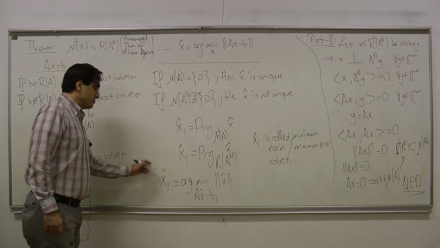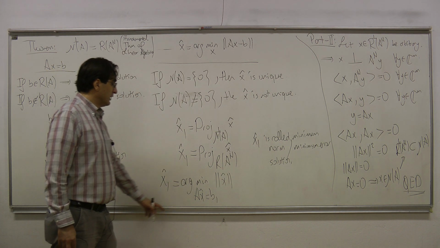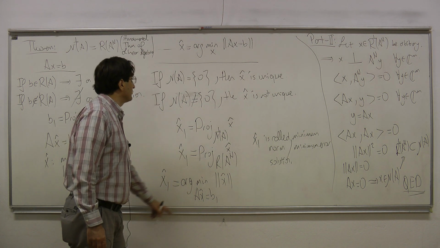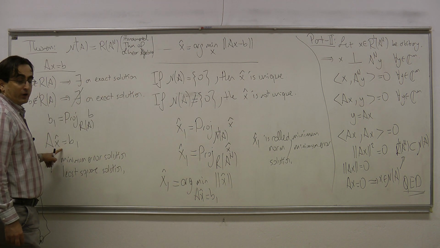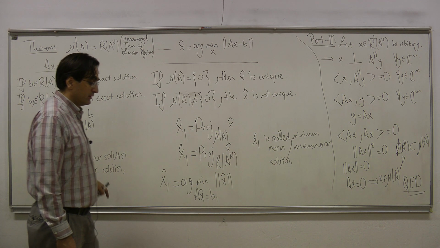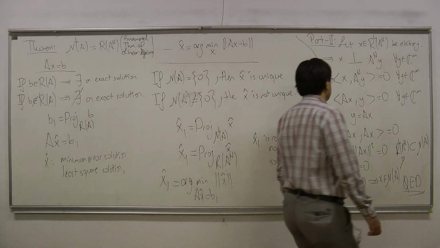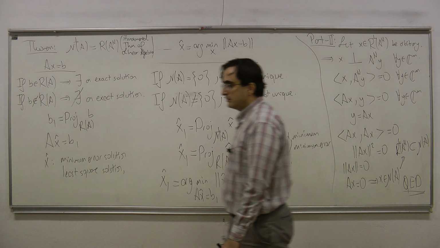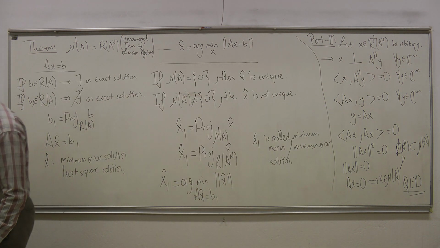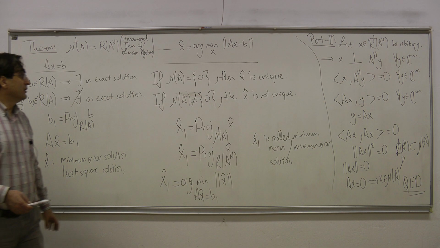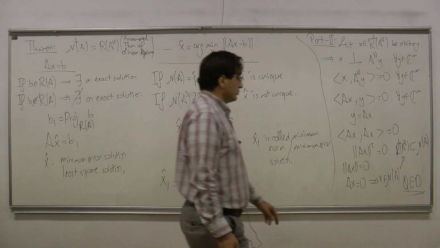Okay? It is the minimum norm solution among all solutions satisfying this equation, satisfying the condition of the minimum error solution. All right? So this was a summary of what we have done so far in Ax equals b.